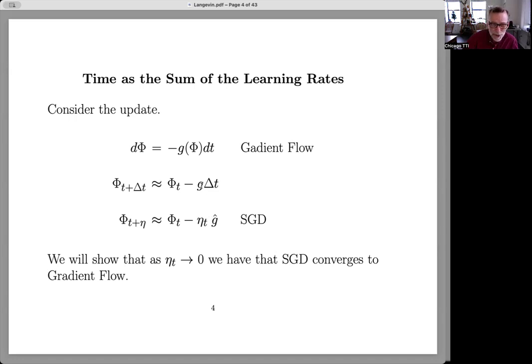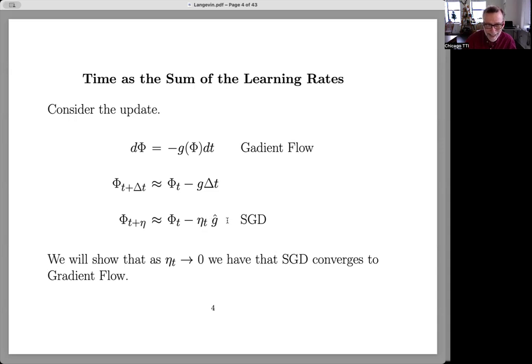Now, these two equations look identical, except I've replaced the delta t by the learning rate. So I'm going to interpret the learning rate as delta t and say phi of t plus the learning rate, that should be eta t, is approximately phi of t minus eta t g hat.